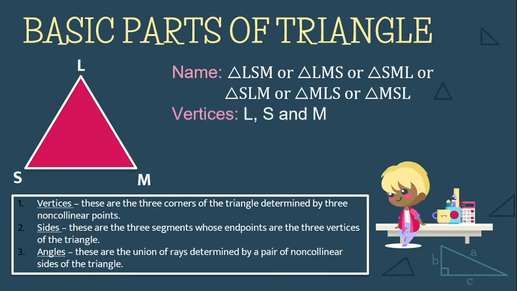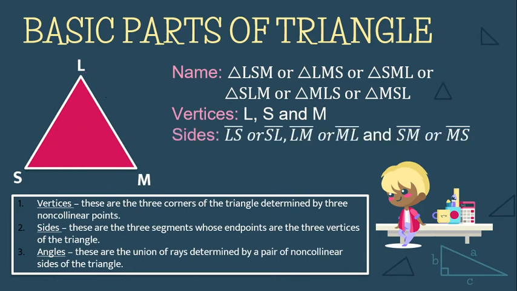Next, for the vertices, so again, yung vertices, ito yung 3 corners ng triangle. So, we have L, S, and M. For the sides naman, yung dalawang endpoints, kukunin mo siya, and then you're going to put the symbol for segment dun sa taas ng dalawang letter.